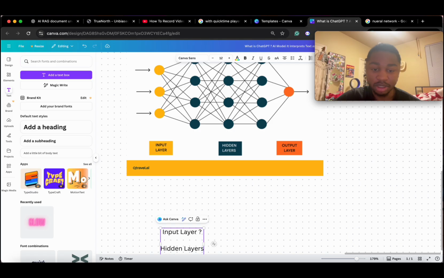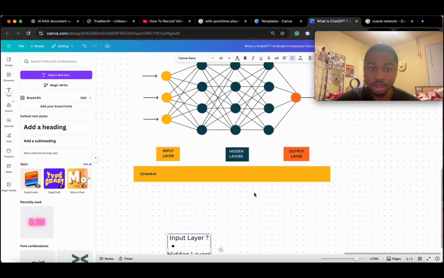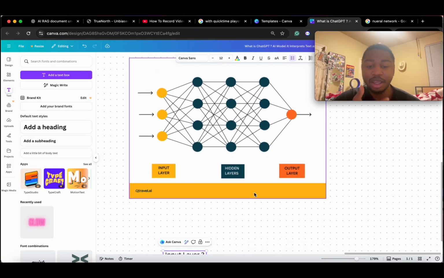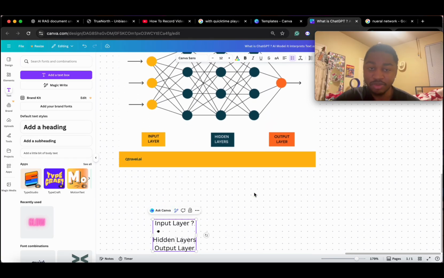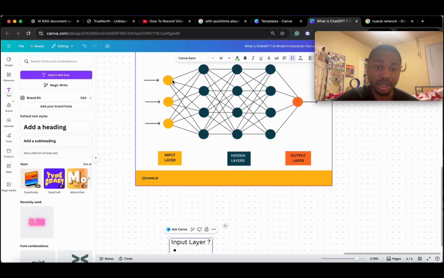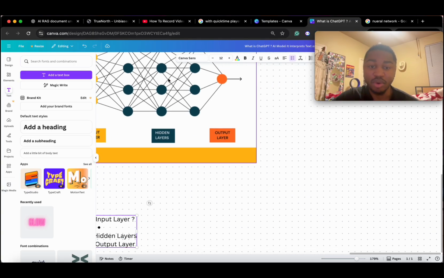So let's talk about the input layer. How is information able to transform? A lot of the time when we think of inputs, we think of them as 1D, 2D graphs.